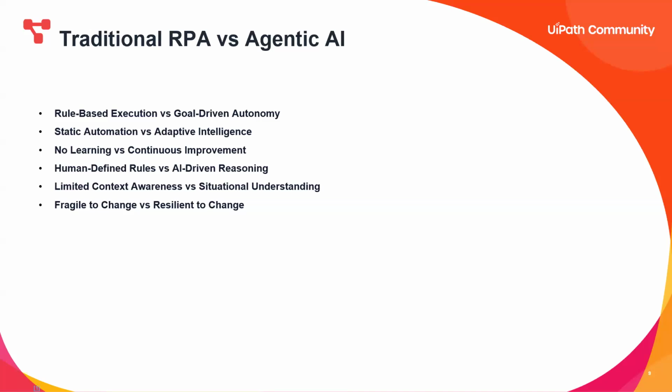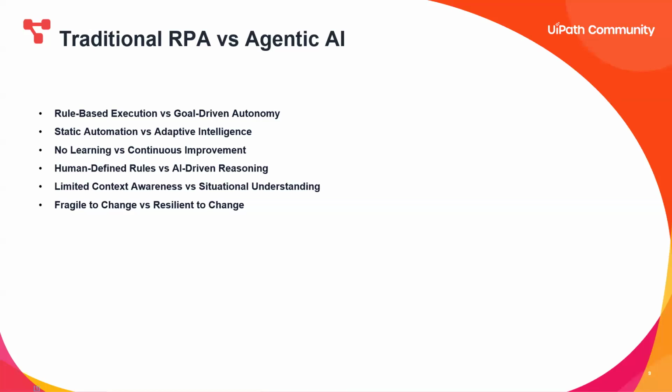For example, while RPA might always send a report at 9 a.m., agentic AI can decide to delay or prioritize it based on changing business needs or exceptions. Third is non-learning versus continuous improvement.